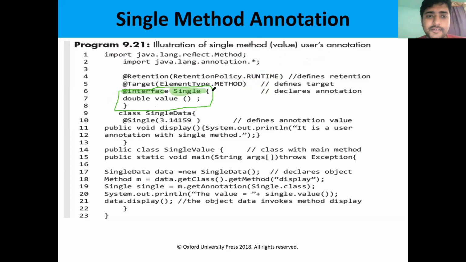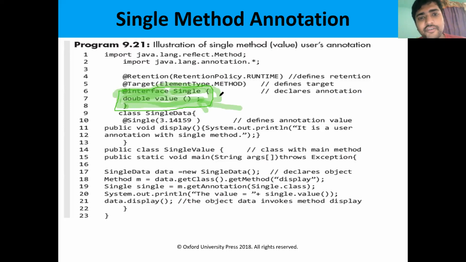Braces open, braces close. Within that we have the abstract method, only a single abstract method, that is double value. So this is the annotation, the user defined annotation defined here.